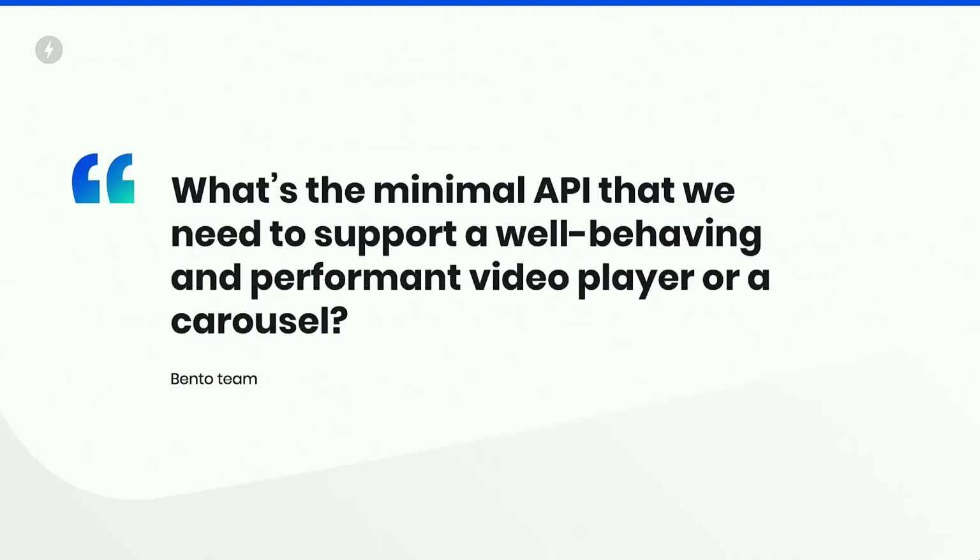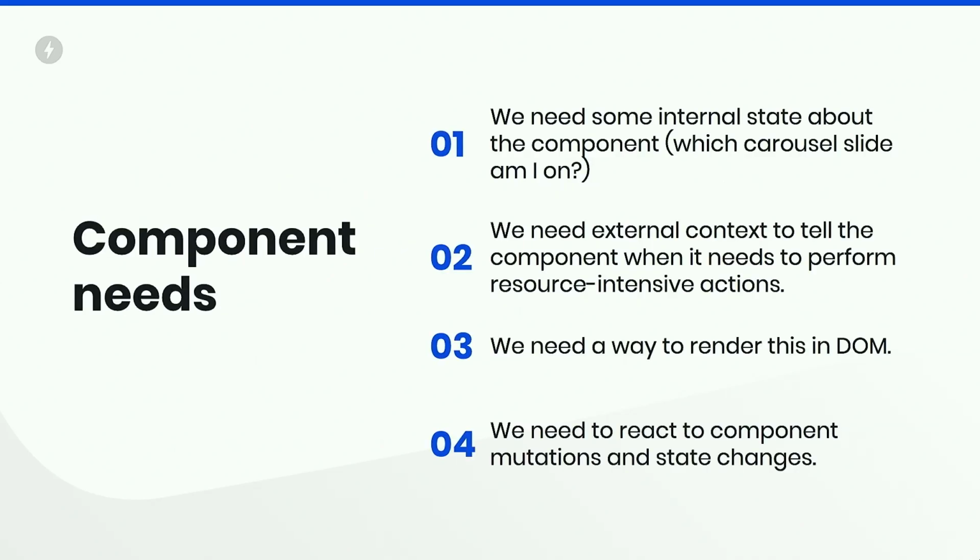So we kind of reset a little bit and said, what's a minimal API that we need to support for a well-behaving video player or carousel to work correctly? And this is what today's talk is about. There are actually very few needs that we need to support.